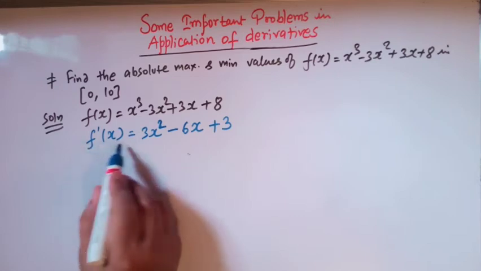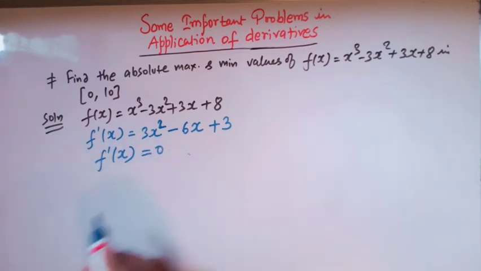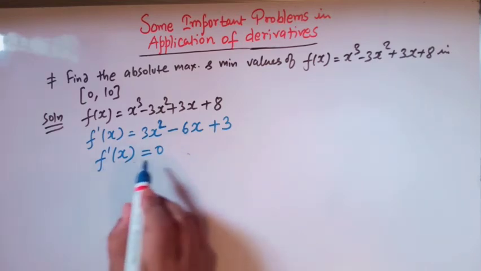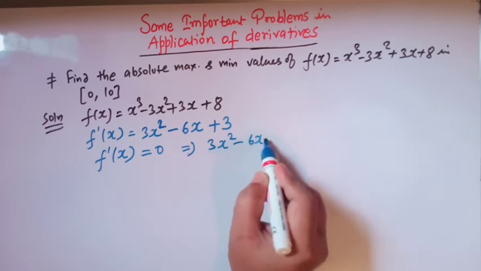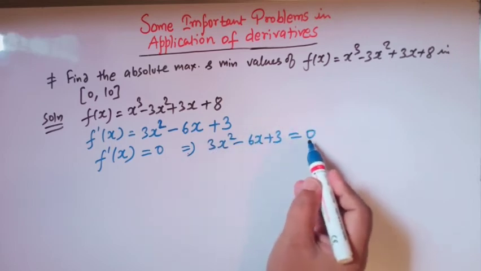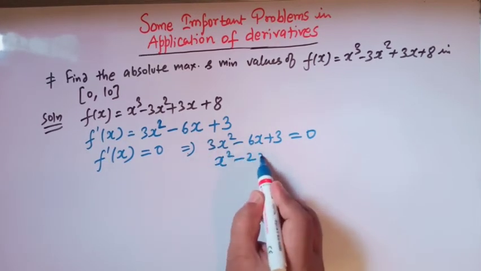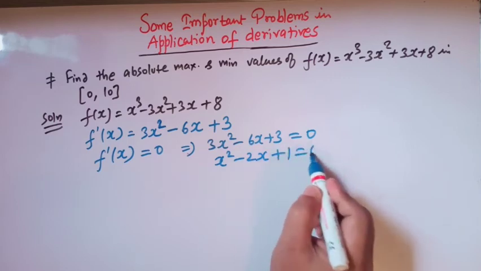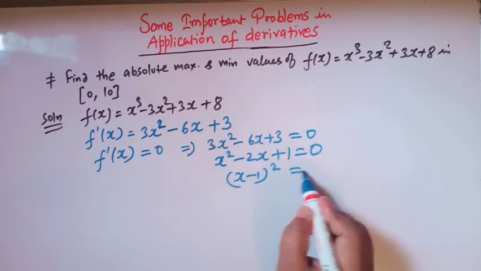Now for the critical points, f prime of x should be 0. So we have to solve this equation, that is 3x square minus 6x plus 3 equal to 0. Now dividing by 3, we get x square minus 2x plus 1 is equal to 0. So this is x minus 1 whole square.